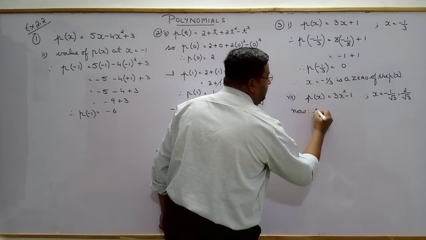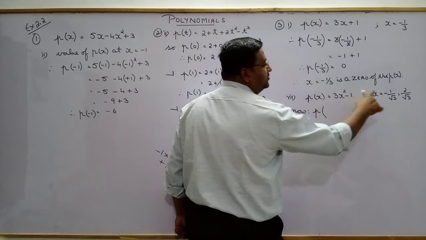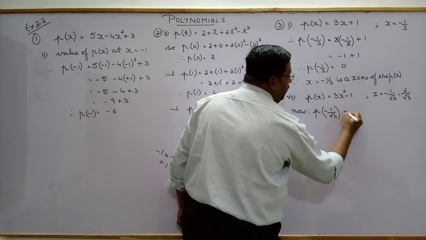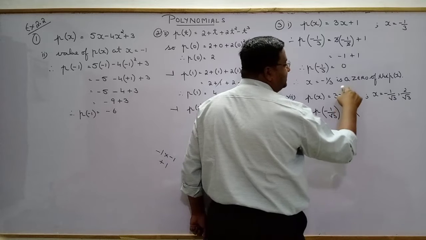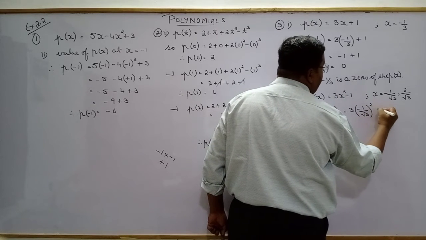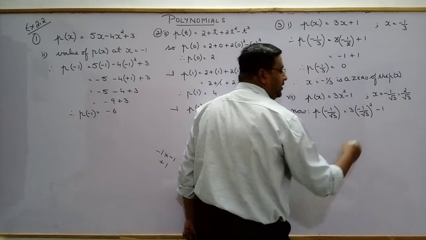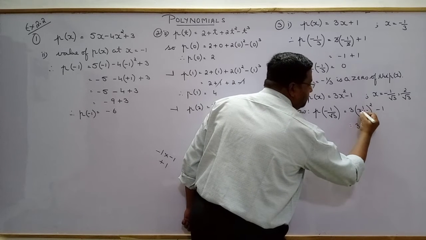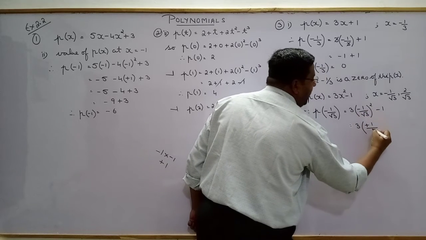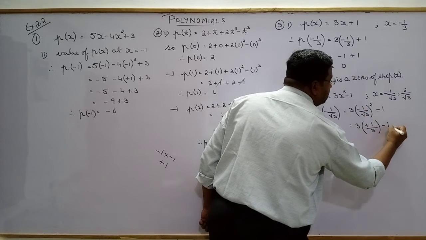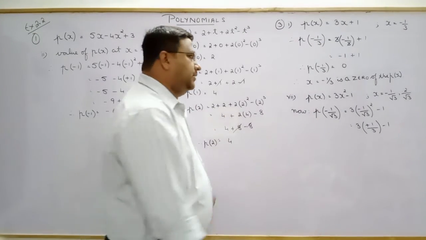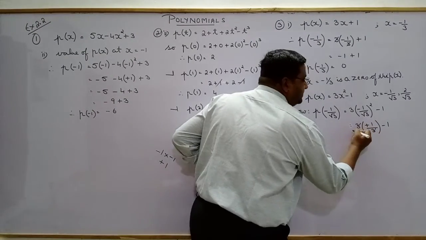Now, P of x: in place of x, first we are substituting minus 1 by root 3. So what do I get? 3 into minus 1 by root 3 whole square minus 1. So 3 into minus 1 square is plus 1, upon root 3 square is what? 3, minus 1. All of us know this from class 8: the square of root 3 is 3. 3 and 3 cancel as we did over here.